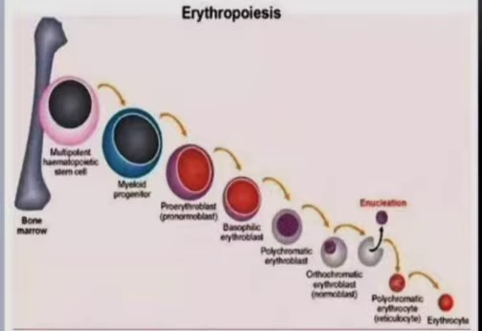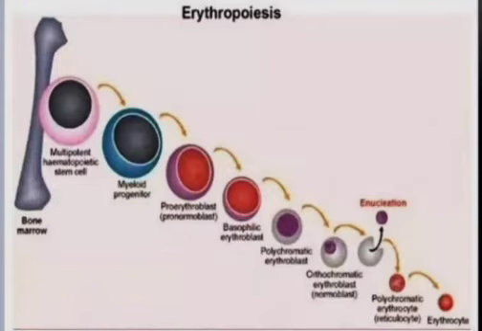Alright? So, erythropoiesis, or red blood cell production, begins from the bone marrow. Alright?